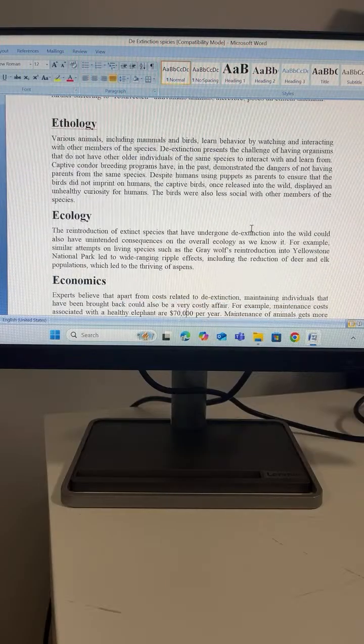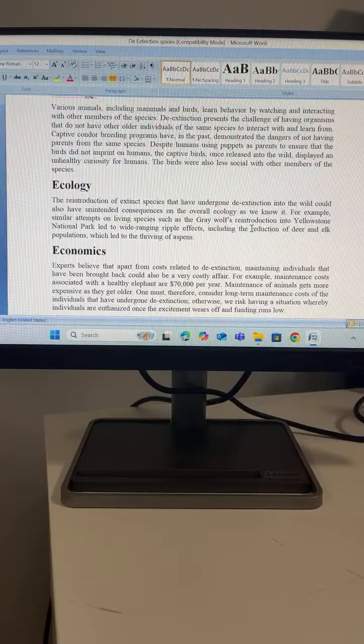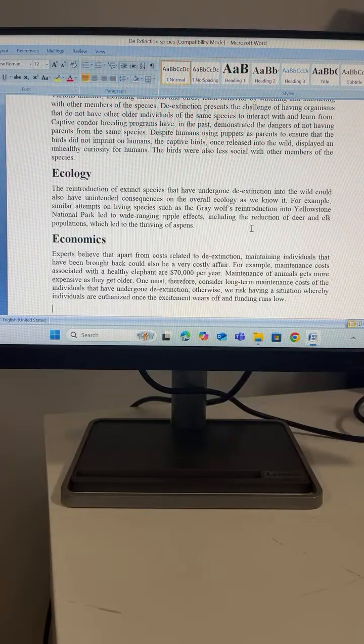Ecology. The reintroduction of extinct species that have undergone de-extinction into the wild could also have unintended consequences on the overall ecology as we know it.